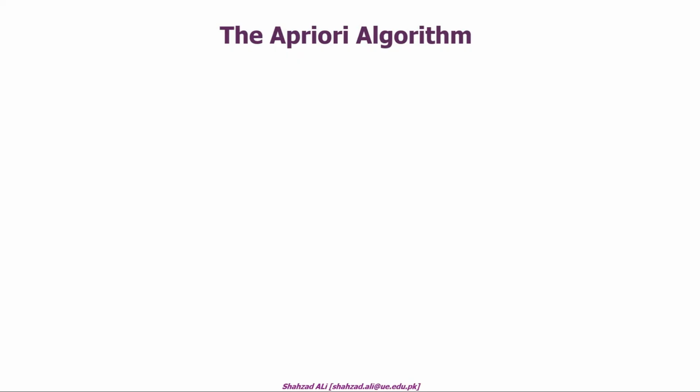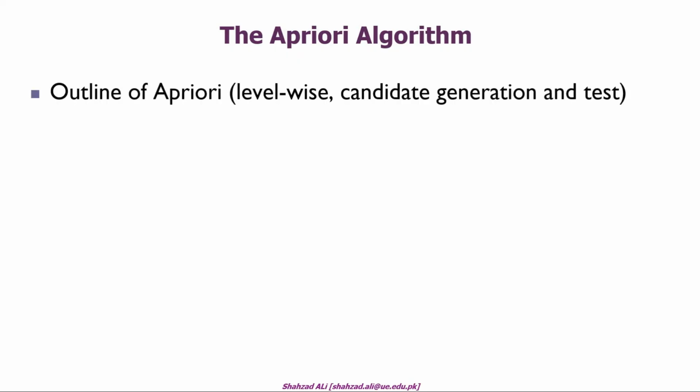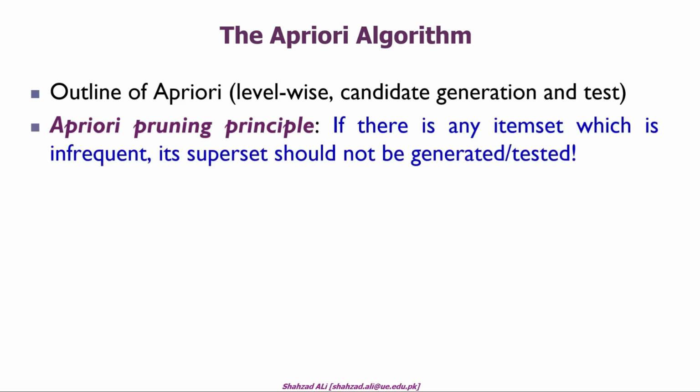This algorithm is the first candidate generation and test approach for frequent pattern mining. It is a level-wise candidate generation and test approach. The Apriori pruning principle indicates that if there is any itemset which is infrequent, its supersets should not be generated or even tested.